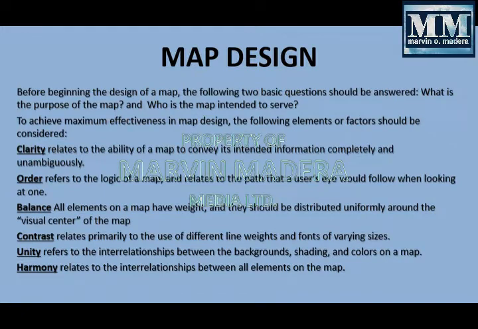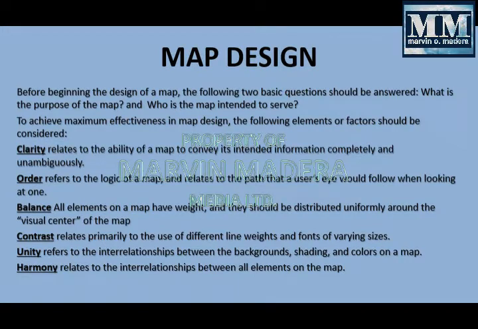Next is the contrast, which relates primarily to the use of different line weights and fonts of varying sizes. So contrast meaning you have to use the thickness of the lines according to importance, which gives importance to the presentation of that map.